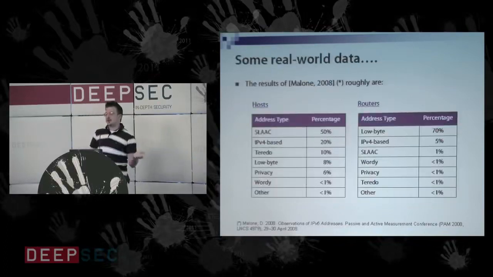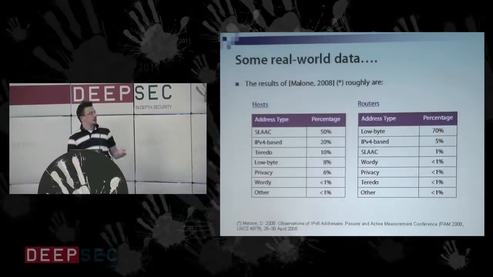So these are roughly the results that these guys got while measuring how addresses are assigned. On the left, you can see a table that summarizes how addresses are assigned for hosts. 50% of them were including a MAC address in the interface ID. Then you have 20% of them that were including an IPv4 address. 10% were Teredo addresses.